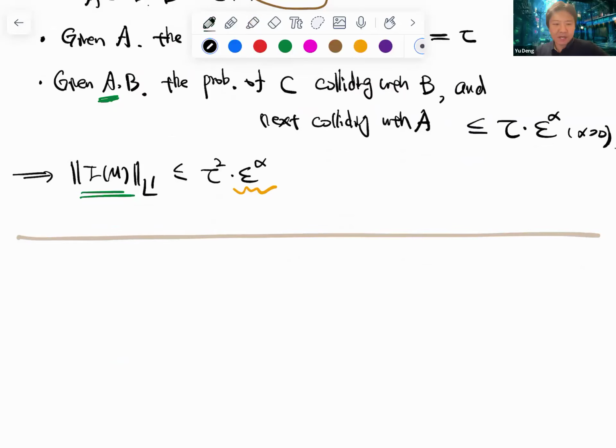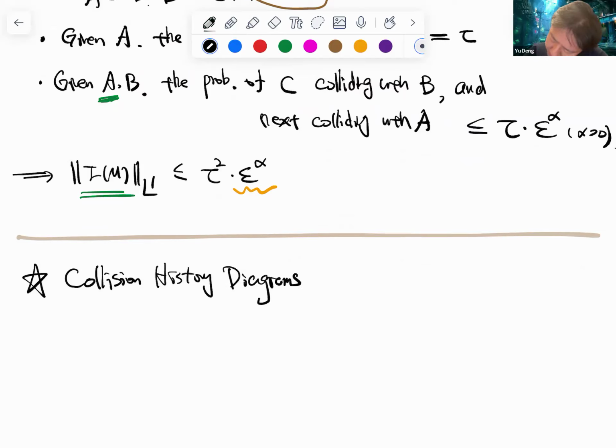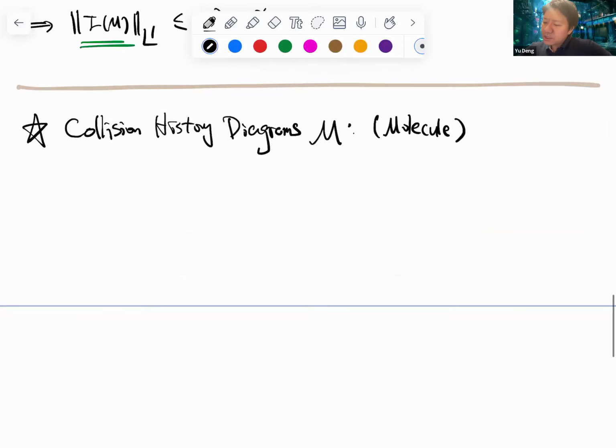Okay, so let's just start by saying here the collision history diagrams, we also call it molecule. So actually, let's move it here.